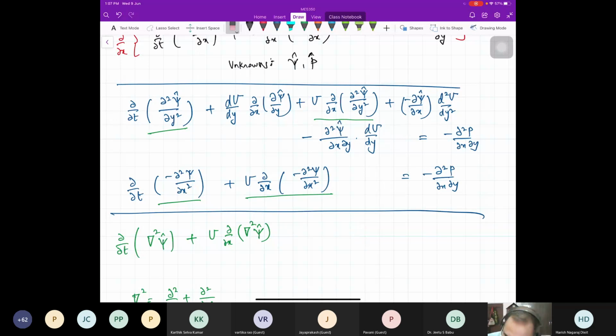So the two terms are already gone. Now what do I have now? You see this term here and this term here. These two will cancel each other out. Okay. These terms will cancel each other out.